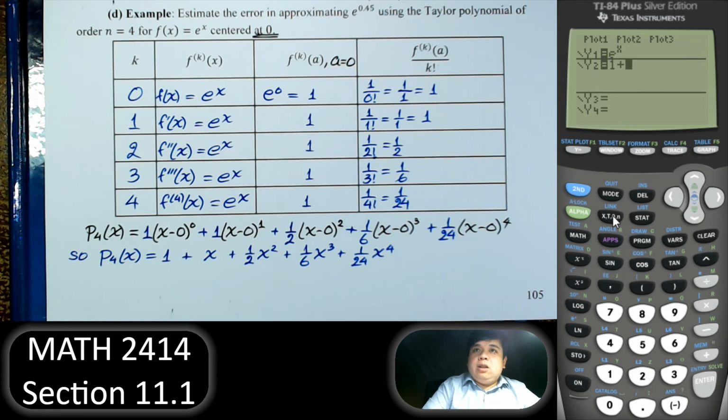One plus x plus 1/2 x squared plus 1 over 6 x cubed plus 1 over 24 x to the 4th. You don't need to do that for the actual problem, just see that it looks nice.